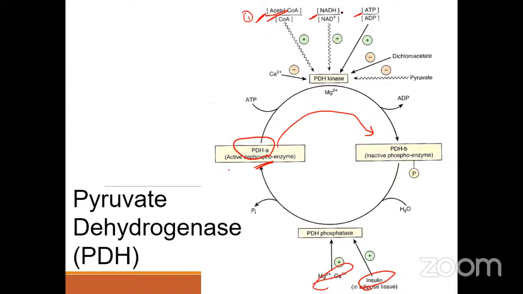All three will favor the conversion of active PDH to inactive PDH, the phosphorylated form. Okay, and you can see here the magnesium and calcium will activate the enzyme.